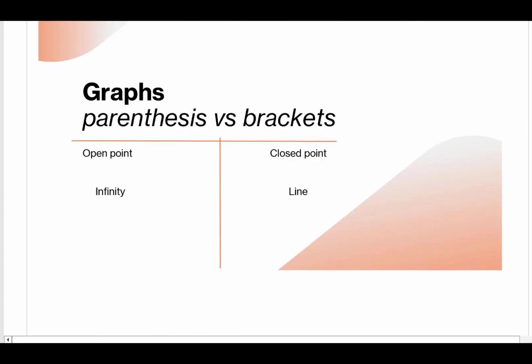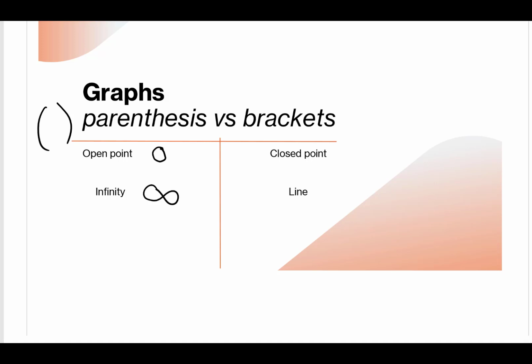All right, next part. Really quick, we're going to use parentheses if we're talking about an open point on a graph, or positive or negative infinity. So all of that is for parentheses. On the other side is brackets. That's when you have a closed point or it's touching a line.